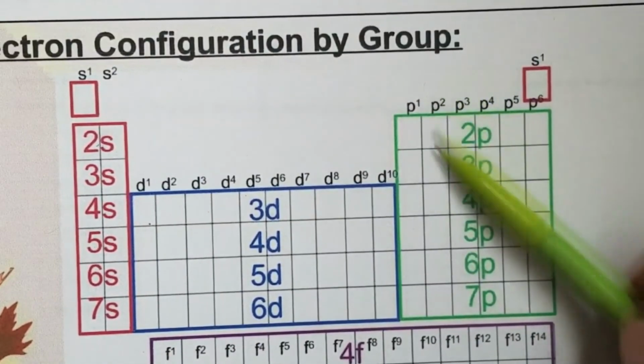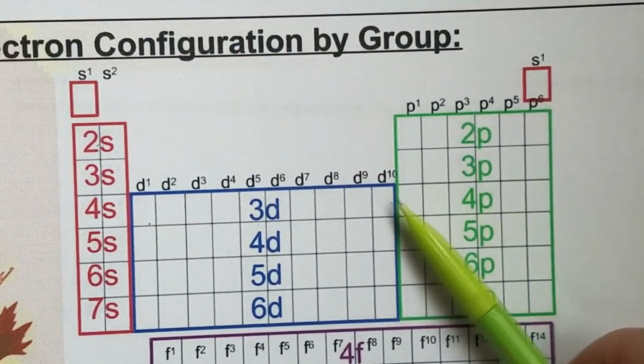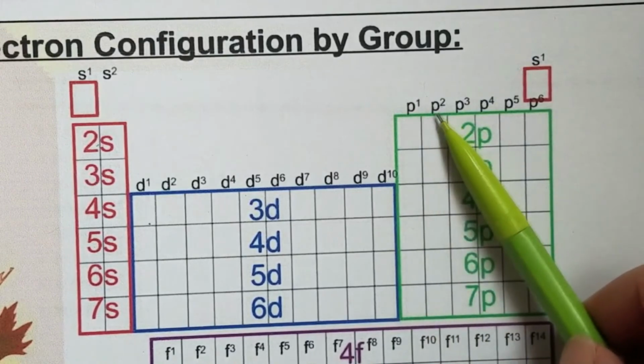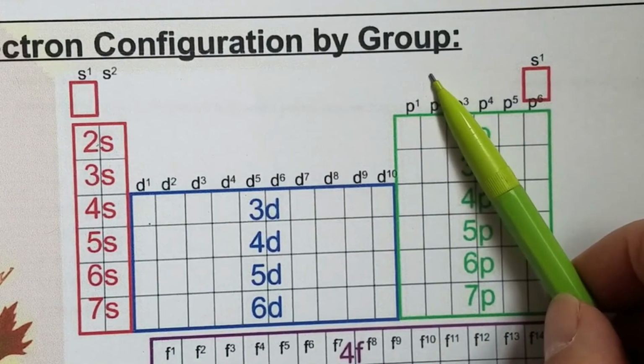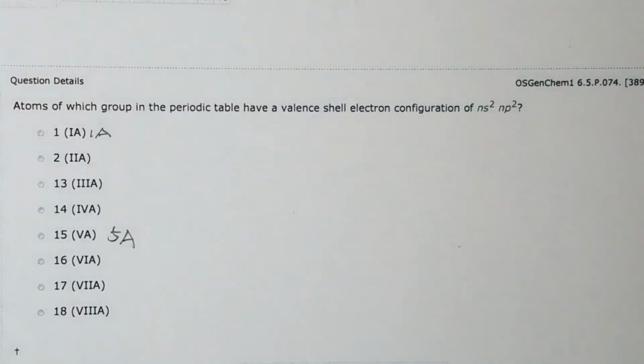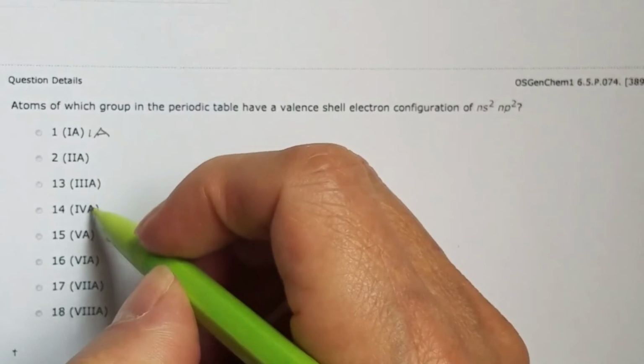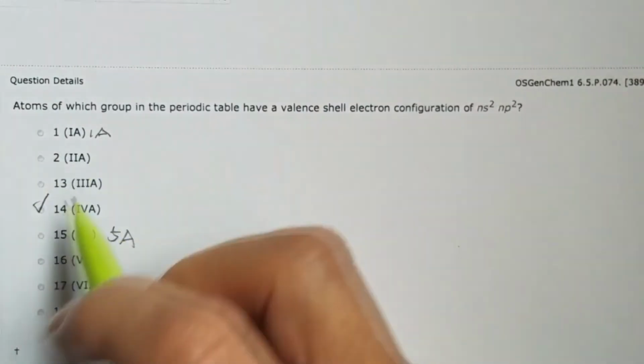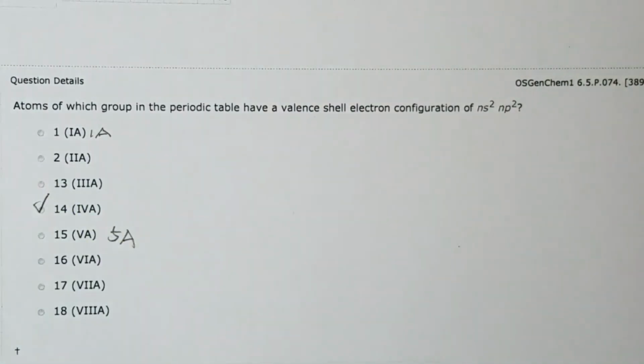That's 2p2, 3p2, 4p2, and so on and so forth. Therefore, that should be group 4A. Group 4A should be the correct answer, or group 14.